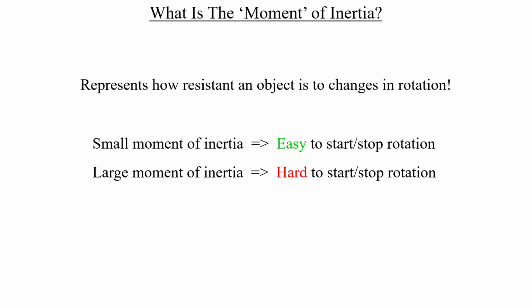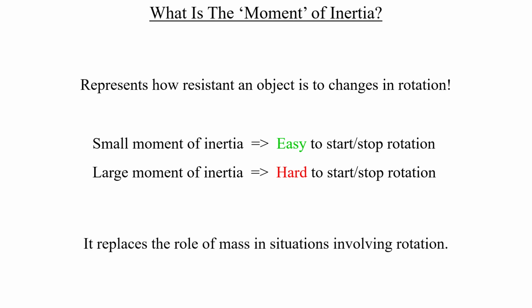There's actually another variable that we have to switch out as well, and that one is mass. So the moment of inertia can also be thought of as playing the role of the mass variable for objects undergoing rotation. And that is about all we need to know in order to take care of this problem.